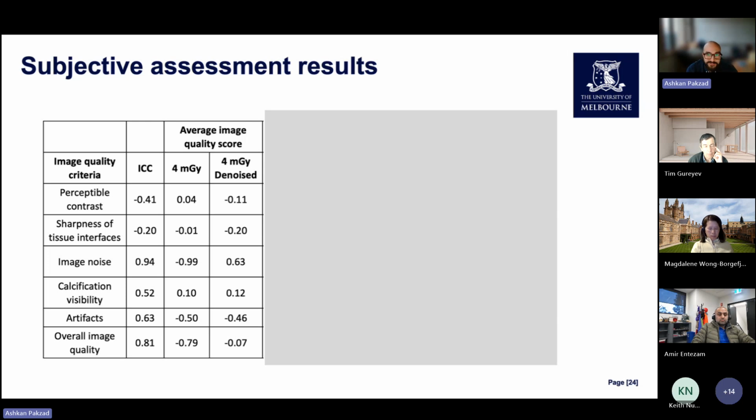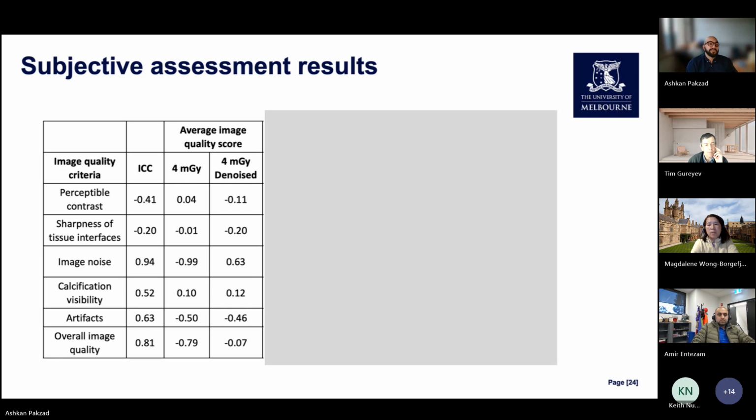So we have this ICC, which is a measure of agreement, where a very high score up to 1 means there's a good agreement. So that's what we have for noise level and overall image quality. And for calcification visibility and artifacts, we have a high and a fair agreement. Now, there are some negative values in here which indicate a systematic disagreement between assessors as well.